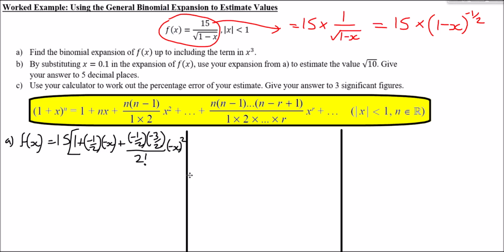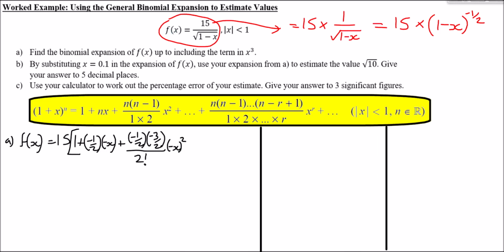I'm going to move this along because I want enough space, rather than running out of space and making my writing absolutely tiny. The final one, up to x cubed, we're going to have minus a half, 1 less than minus half is minus 3 over 2, 1 less than minus 3 over 2 is minus 5 over 2. All of that now divided by 3 factorial, then minus x cubed.